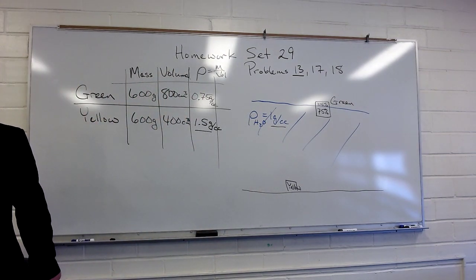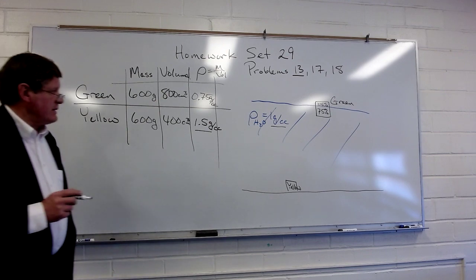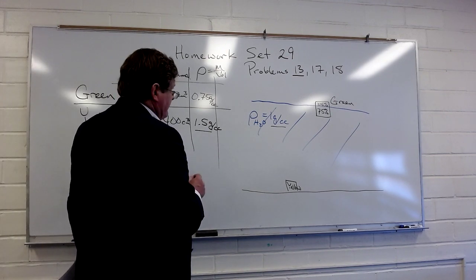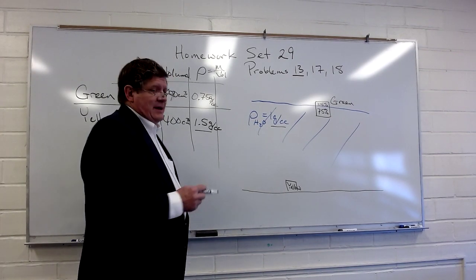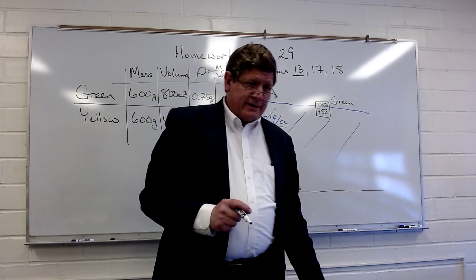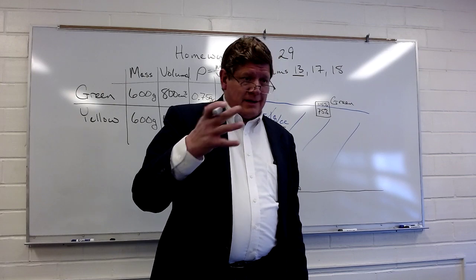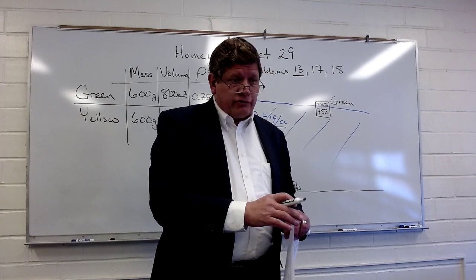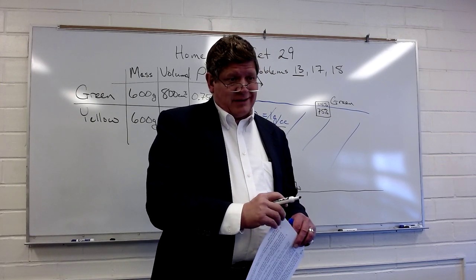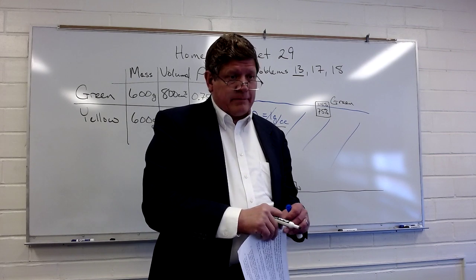Now, we're asked in this problem in part B to find the buoyant force exerted on each of these objects if they're fully submerged. Now, folks, I got to tell you, that's not the way I wrote the problem. And that's why the solution key looks a little bit wrong.